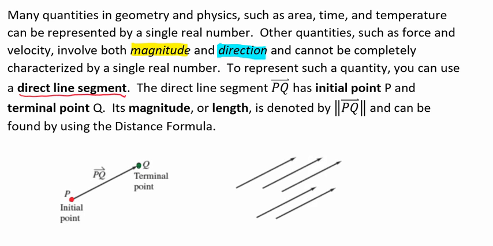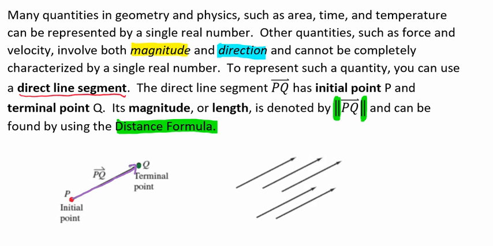So its magnitude or its length is denoted by using these double bars right here, okay, right there. And we can find that using the distance formula, which is awesome because we know that, right? So the directionality that we're looking at here of this particular vector PQ, we see that we're going from P to Q in that direction.